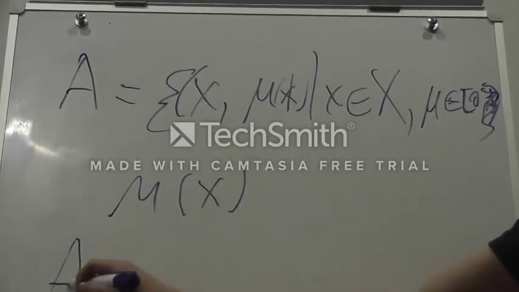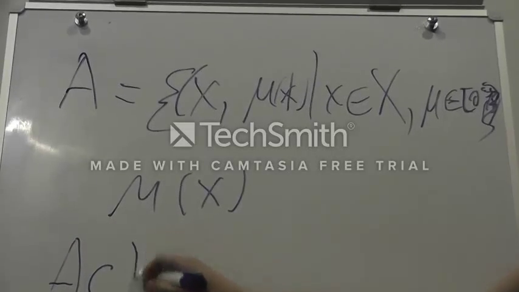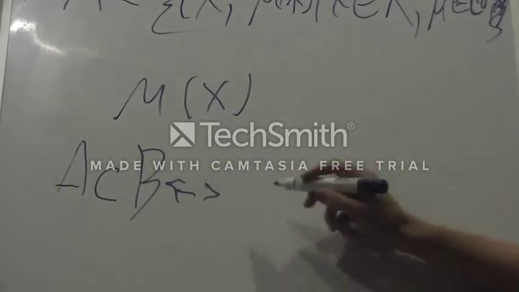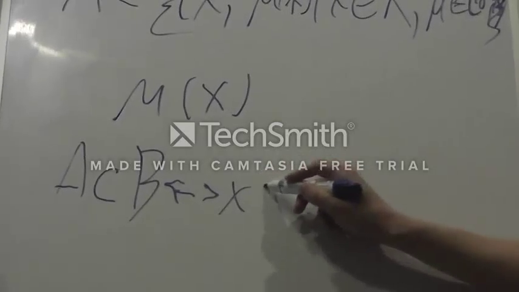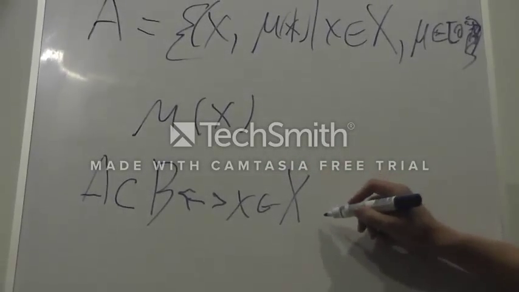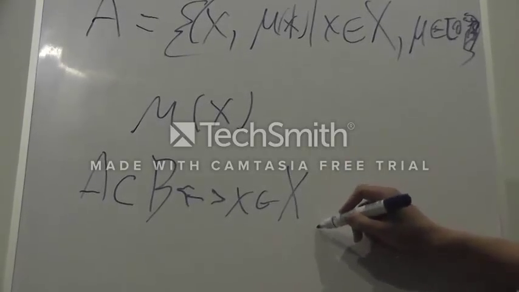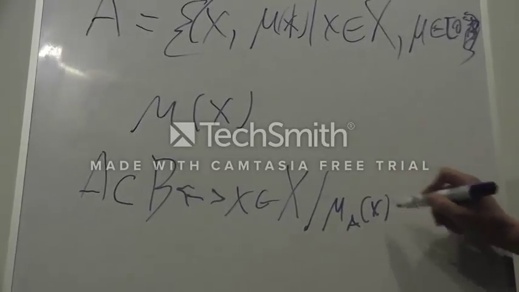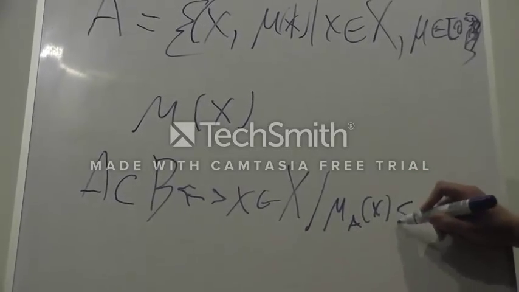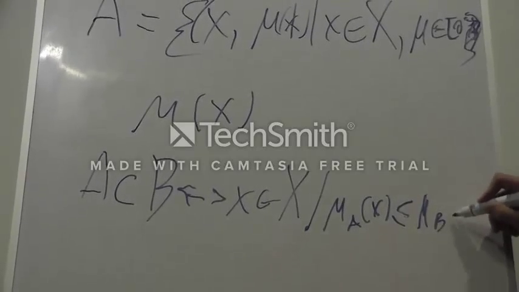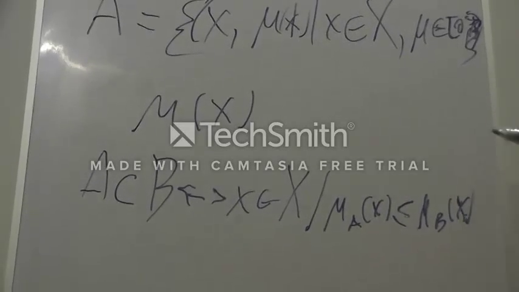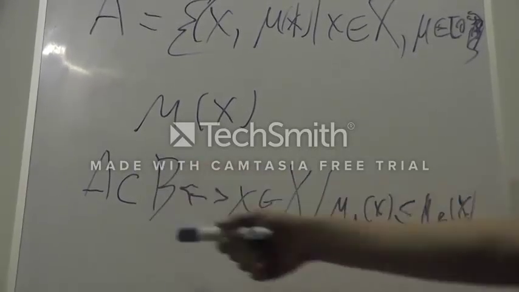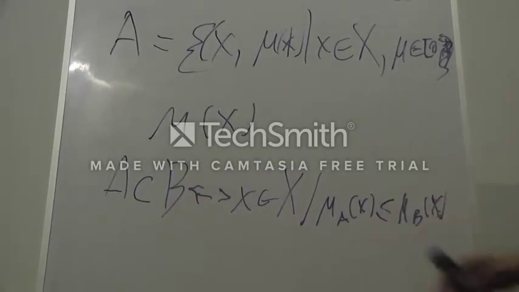For example, inclusion in a fuzzy set is defined this way: for each x in the universum, the membership of this x in A is less than or equal to the membership of this x in B. Equivalence is the same as inclusion, but strictly equal.